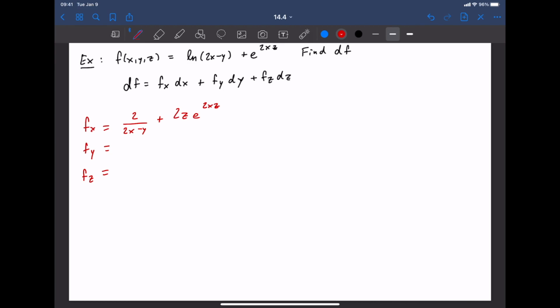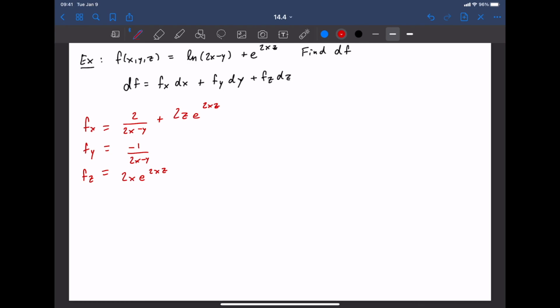Derivative of the exponent is 2z. We got negative 1 over 2x minus y. No y's in the second component, so it just goes to 0. Its differential is 0. And the last one's just going to be 2x e to the 2xz.